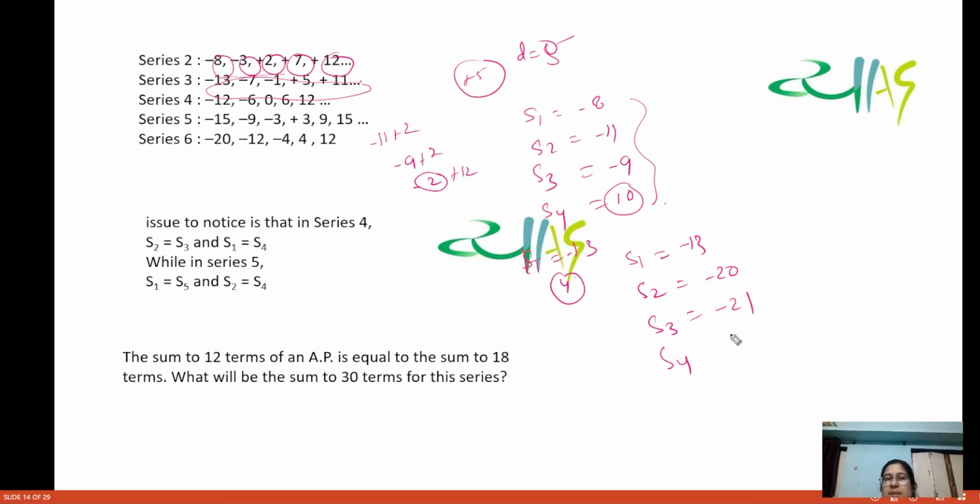In S4 you have to add 5, so it will be -16. S5: you have to add 11, so your sum will be equal to -5. Then add 5 more and your sum will be equal to 6.